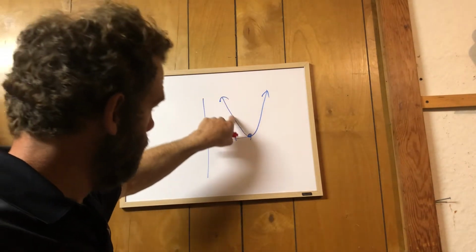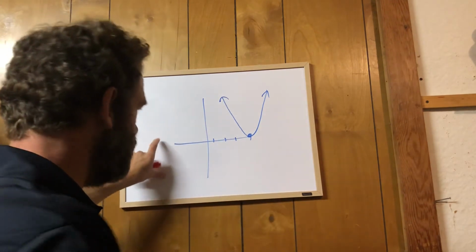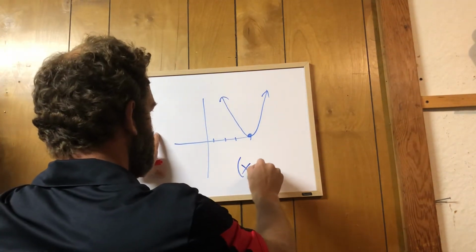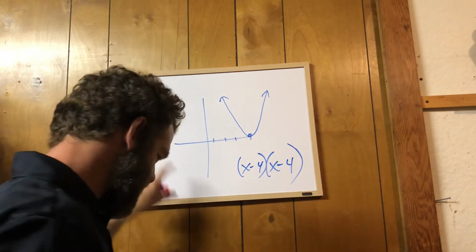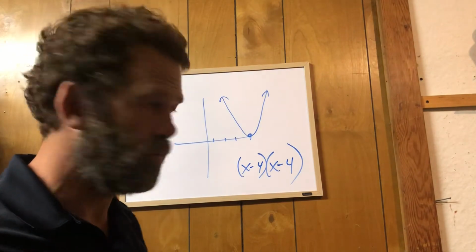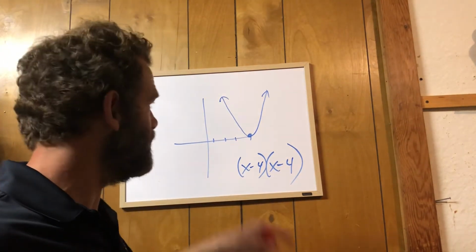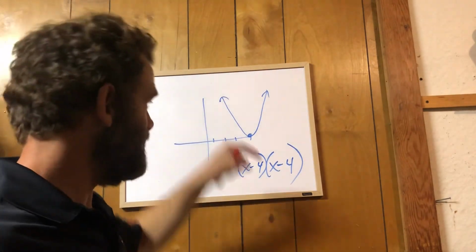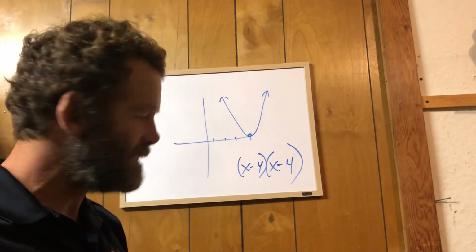Notice how it bounces off of the x-axis. It's called a double root. x minus 4 times x minus 4, you're going to have a double root. Anytime you have a double root, what that means conceptually is this is bouncing off of the x-axis. It doesn't go down and go back up, it just bounces off of the x-axis.